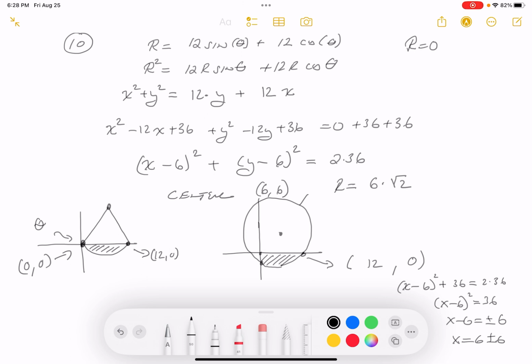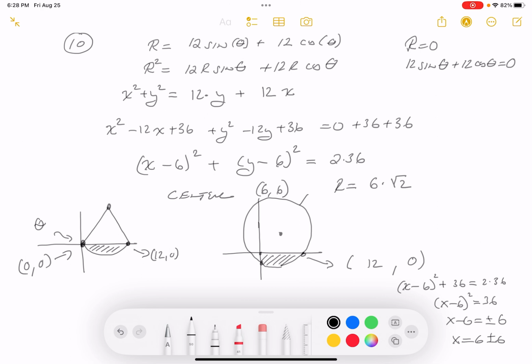And if you did R 0, you'd get 12 sine theta plus 12 cosine theta is equal to 0. And let's think about that.